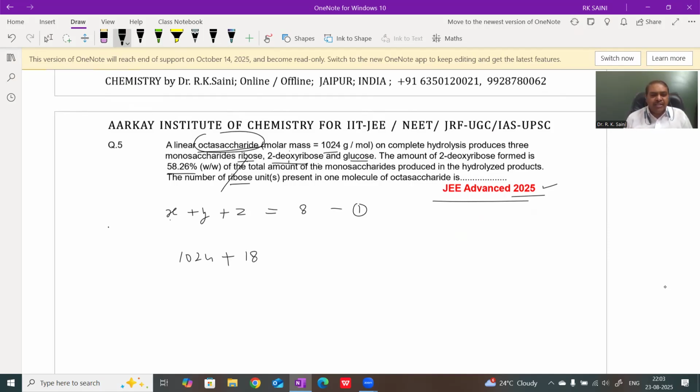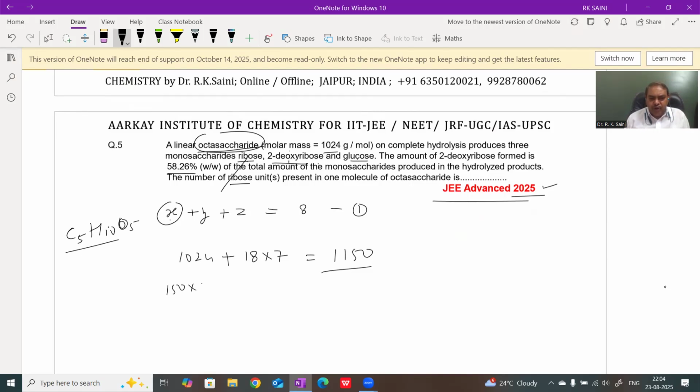1 molecule of water is 18, into 7. And hence the total weight in the solution of this hydrolysis becomes this. On solving, the total weight is 1150. Now, suppose X mole of ribose. Ribose is a pentose sugar and its molecular formula is C5H10O5, and its molar mass is 150.